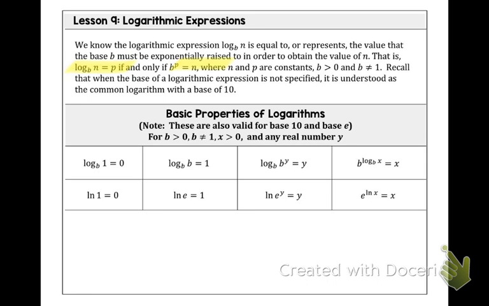Recall that when the base of a logarithmic expression is not specified, it is understood as the common log, of base 10. So some basic properties that you should all be aware of: log base b of 1, it doesn't matter what your base is, it's always going to be 0. Log base b of b is always going to be equal to 1.